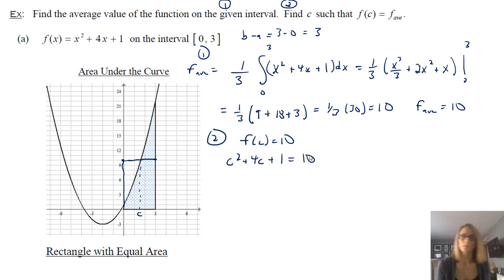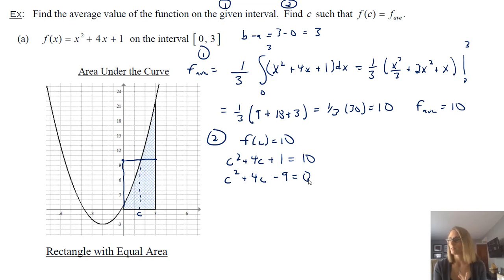You'll notice that this is quadratic, so c squared plus 4c minus 9 equals 0, and then all we have to do is solve it for c. You probably noticed this does not factor, so you're going to have to do something else.